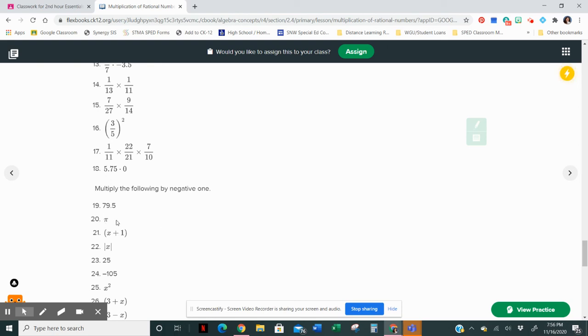So if I look here at pi, and I take -1 and multiply it times pi, my answer is going to be a negative pi. So see how you do with 19, 23, and 25 and get your own conclusions.